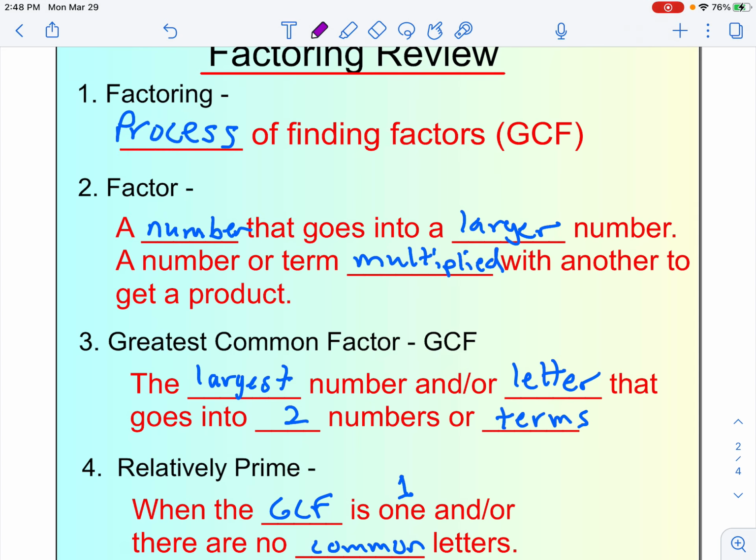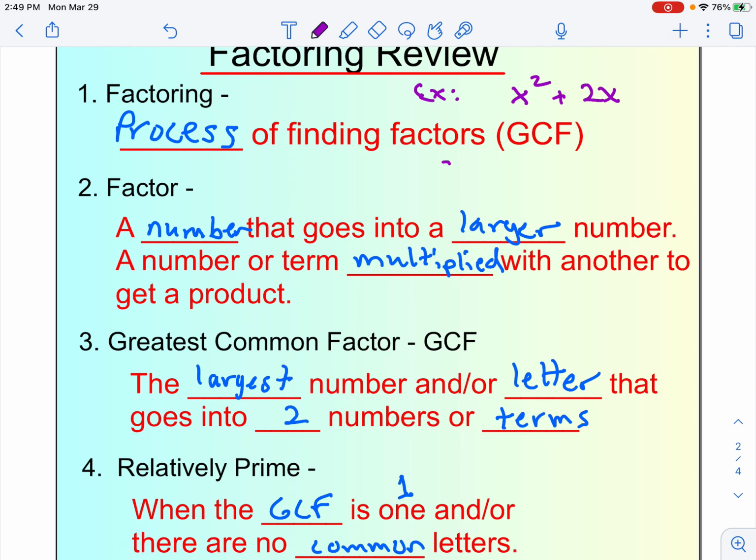Okay, so if we have something like, this is what we did yesterday, x squared plus 2x, and we want to find the greatest common factor, we would take each one and list the terms and find the greatest common factor.